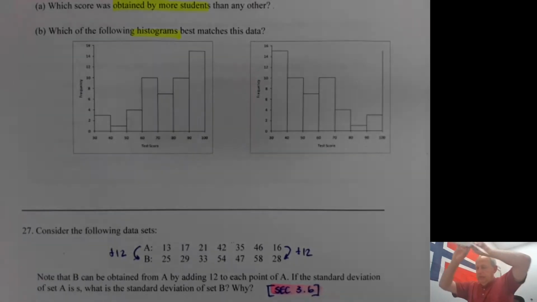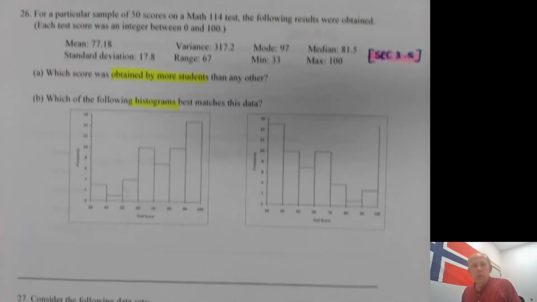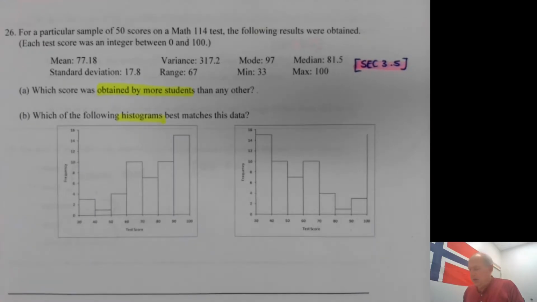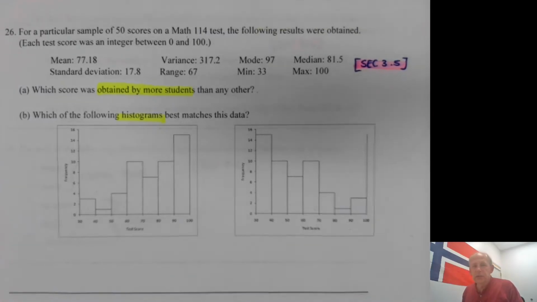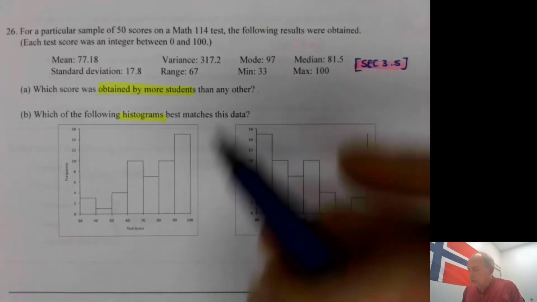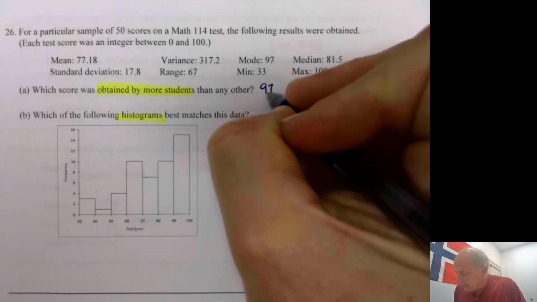My next set of problems, with number 26, is about the spread of data out of section 3.5, histograms and central tendencies. We have all kinds of things going on here. Part A, what score was obtained by more students than any other score? The most frequent score was the 97.